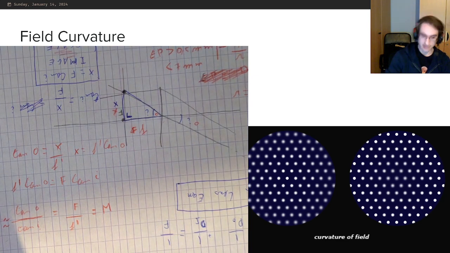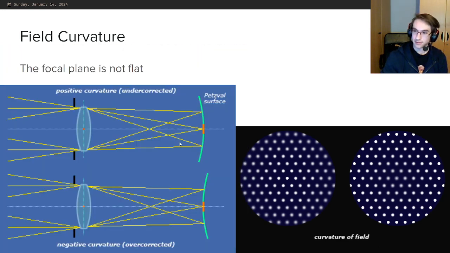But if the focal plane of the telescope is curved, I can't align the two, because probably the focal plane of the eyepiece is also curved, right? If a telescope can have field curvature, an eyepiece can also have field curvature, and in fact they do. So now I'm trying to align two curved surfaces, and that's impossible.